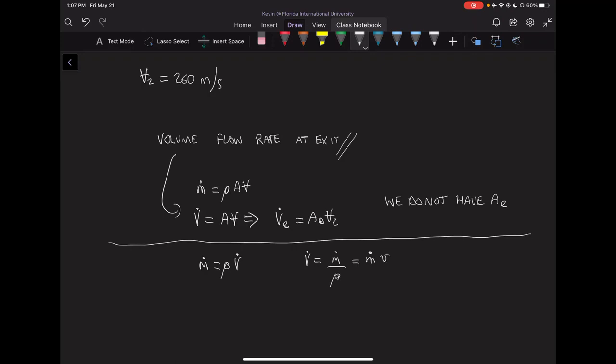So that means that we can actually say that the volume flow rate at the exit is just equal to the mass flow rate at the exit multiplied by the specific volume at the exit.